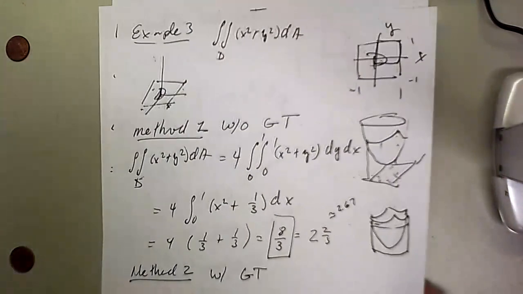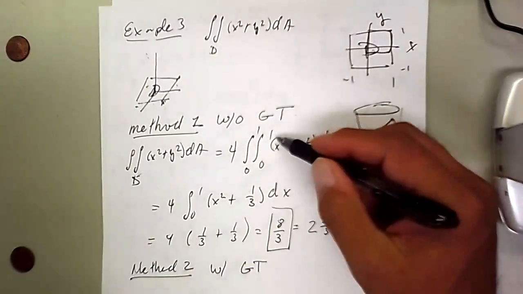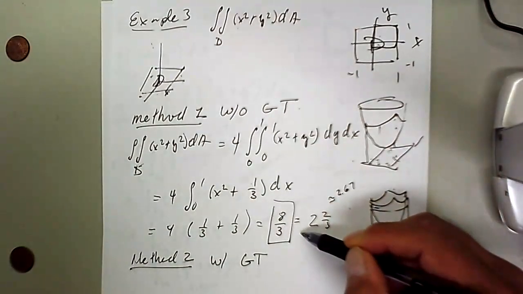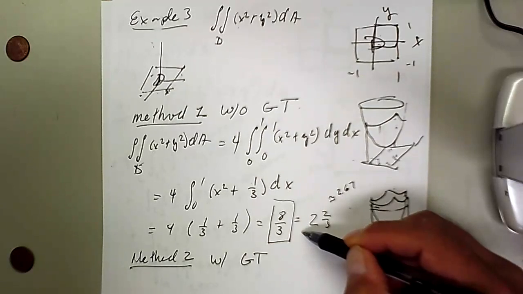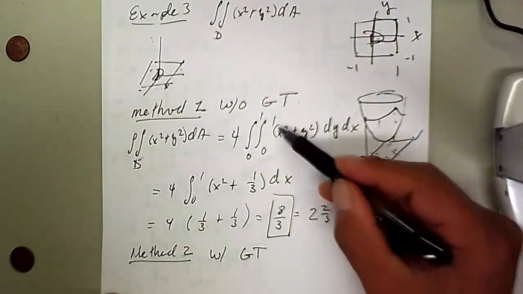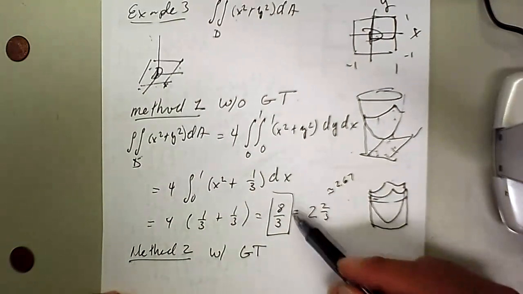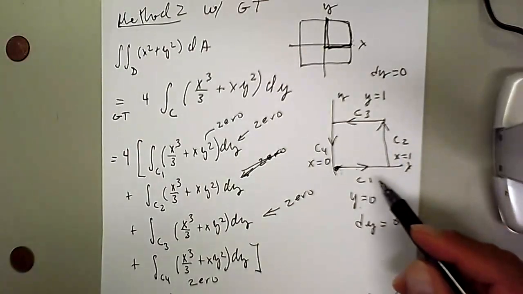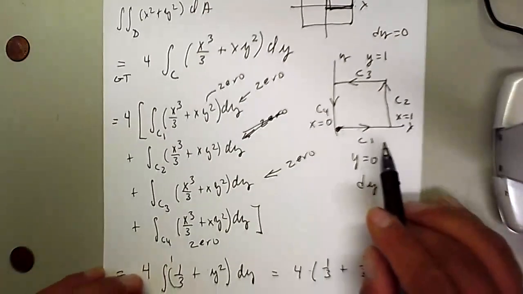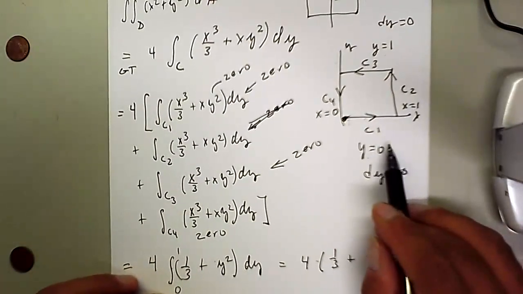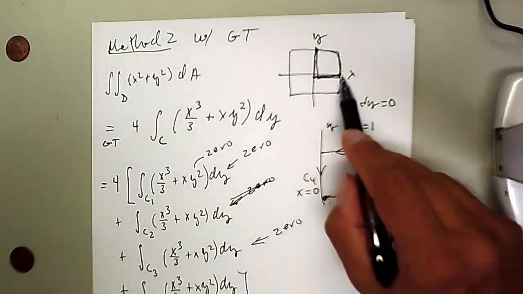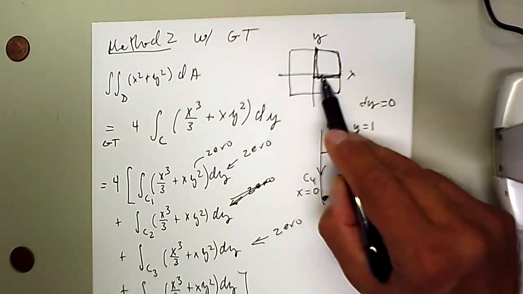Example 3. Originally, notice how easy it was to do the example without using Green's theorem, without going to the boundary. Straightforwardly, 2-3 punches, boom, we got the answer, 8/3. If we go over the boundary, things get more complicated. And we got zeros. We cut some work by having zeros.